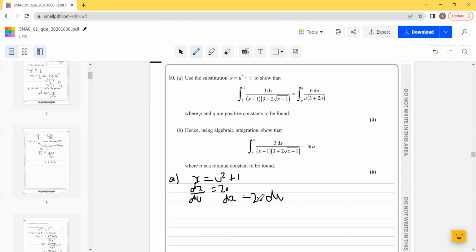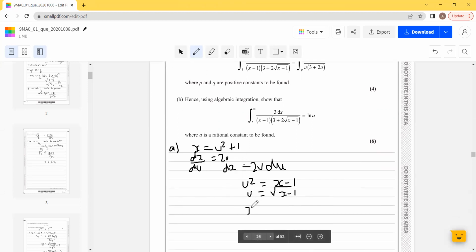What else do we know? We can say that u squared is equal to x minus 1, and u therefore must be equal to root (x minus 1). Let's say that x is equal to u squared plus 1.